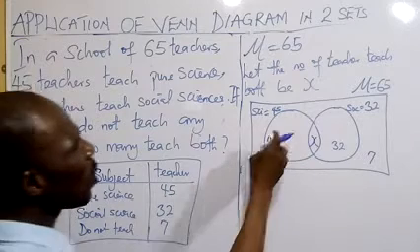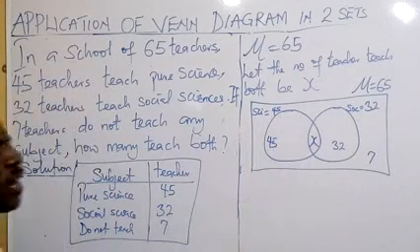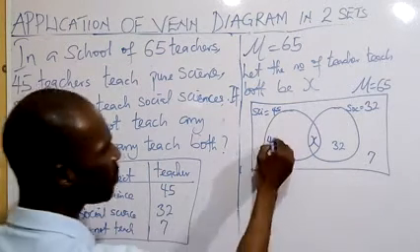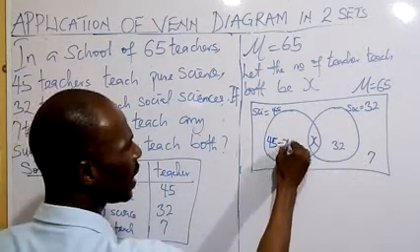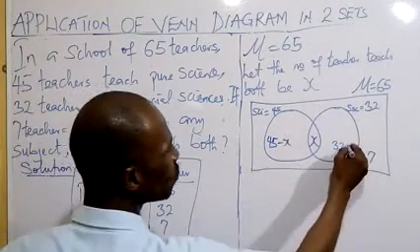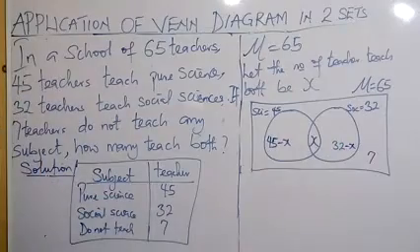The number of teachers that teach only science will be 45 minus X. And the number of teachers that teach only social science will be 32 minus X.